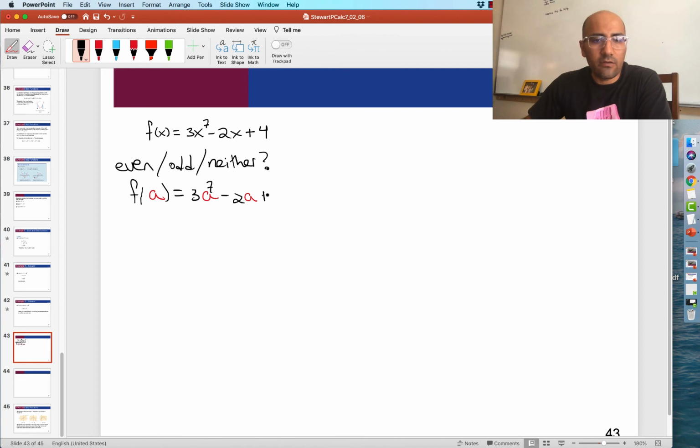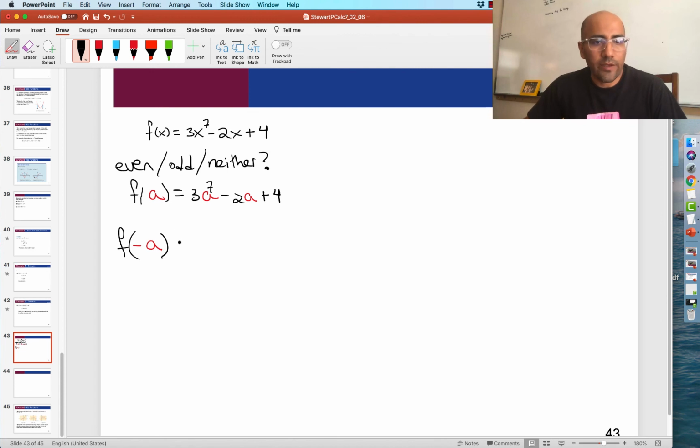So it's kind of a silly little thing where you just replace the x with all the a's, and it just helps me visualize it a little bit. And now I want to consider this. So algebraically, if they give you the equation, you want to know, is this even, is it odd, or neither? So what you're going to do is evaluate your function at negative a.